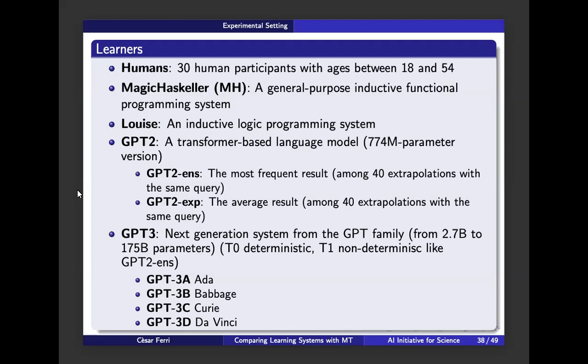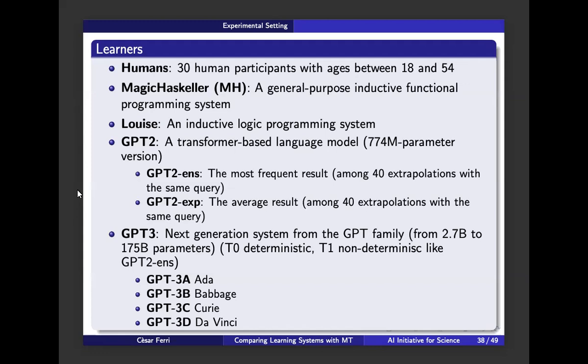What we do is average results, because in some cases this GPT is not deterministic. That's the reason we need to run it several times. And then we have GPT-3, the last version. I think we are expected to have GPT-4 in a few days or few months. And then we compare 4 different versions: Ada, Babbage, Curie, and DaVinci.